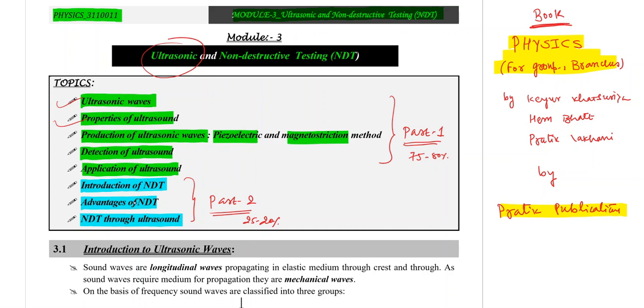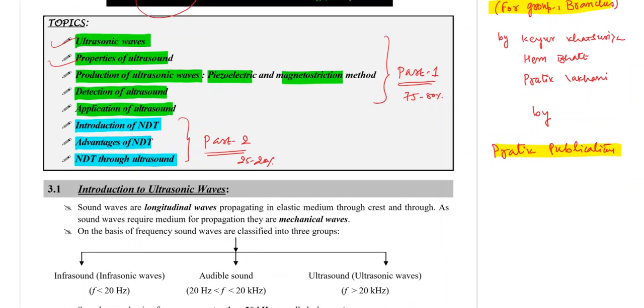So this part is very small as compared to this, but together they have weightage of almost 25% in the GTU examination. So for GTU, this entire unit, module number 3, is very much important than the other units.